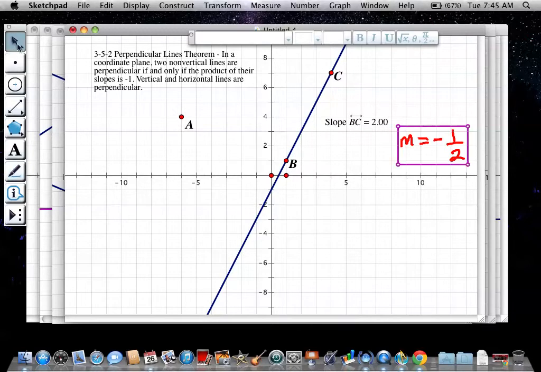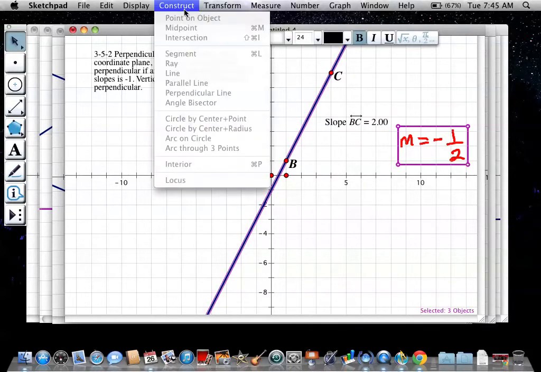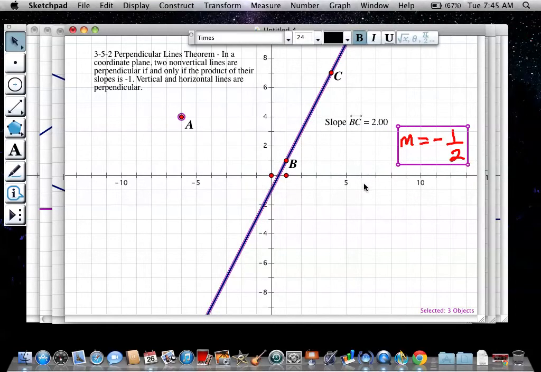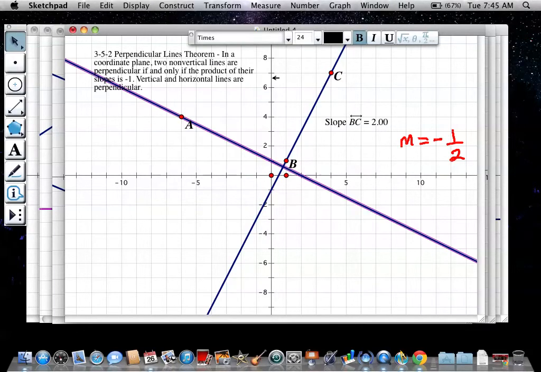All right, so let's calculate that. So I'm going to construct a point, line, construct perpendicular line. Okay, there's the perpendicular line, and I'm going to ask for the slope here.